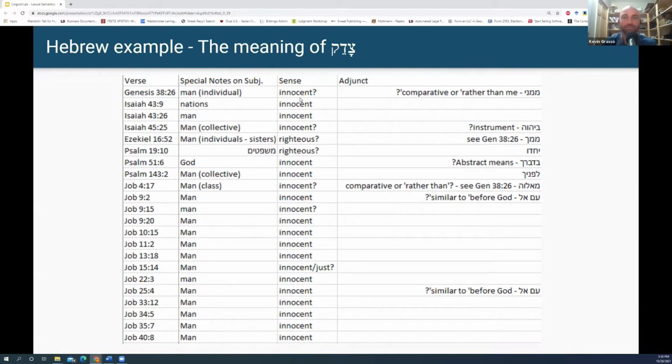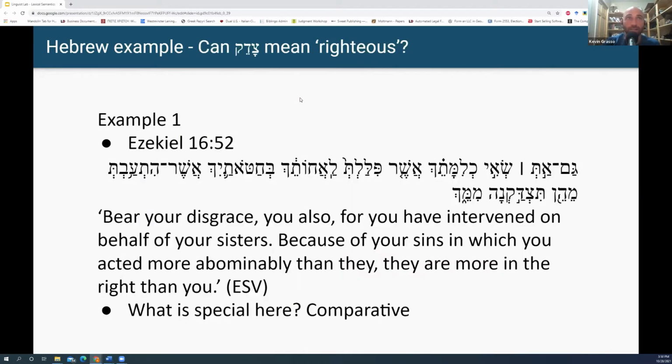So it doesn't mean that in general this person is righteous. That's the claim, okay? At least, this is what I think you can find based on the data. But there are these two examples that I don't really know what to do with. Okay, so let's just look at them and see what we can do.